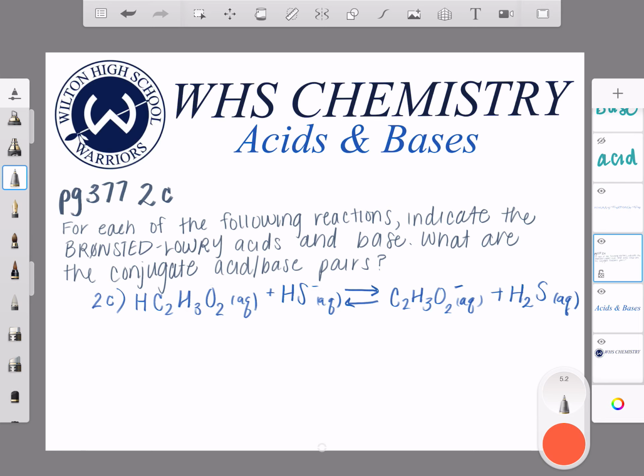So the reaction for 2C goes as follows. First notice that the reaction goes both ways because that's important. And then it's asking us to indicate which are Bronsted-Lowry acids and bases. So first, if you need a refresher, a Bronsted-Lowry acid is a substance that can donate a hydrogen ion.